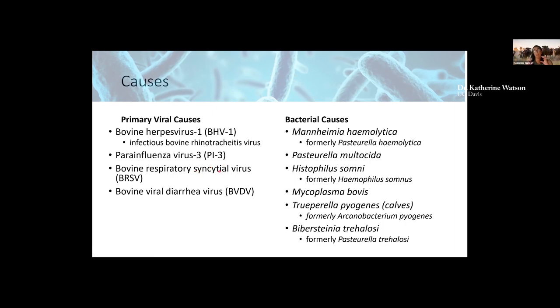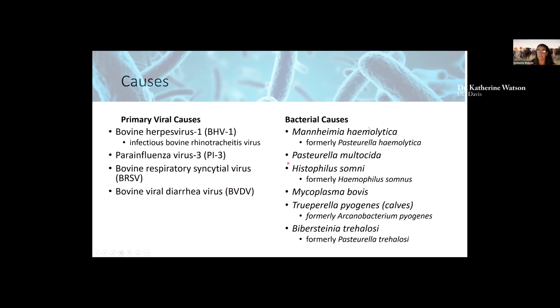It takes the epithelial cells, which line all of our mucosal surfaces, like the surface of the trachea and the lung, and combines multiple cells together into one big cell, called a syncytial cell. So it makes giant cells in the lung. And then we also have bovine viral diarrhea virus, which we'll talk about later in the talk today. There are a few other viruses implicated, but these are the major ones.